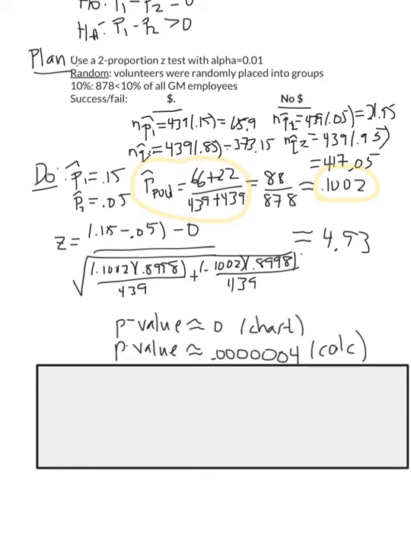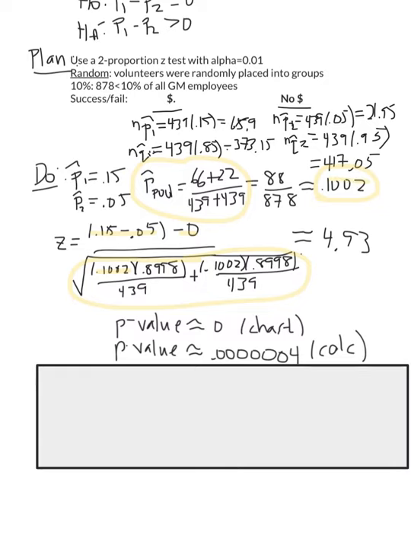Now, when we do our z-score, we're going to take our p1 minus p2. We always subtract the null, and then we use our new standard error. Because we had to pool our proportions, our probability of success is the 0.1102, which matches over here.